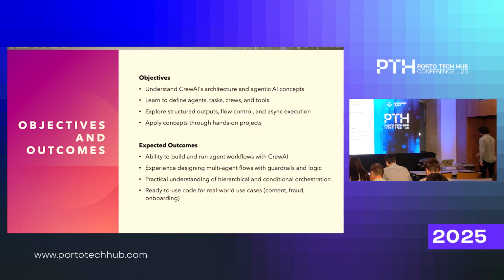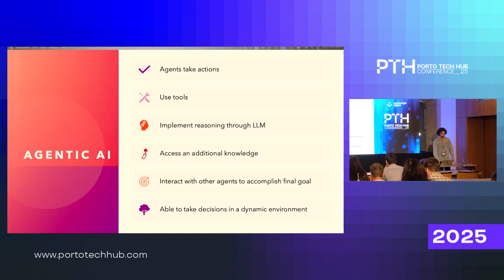You will see that all the concepts that have been implemented in CrewAI are really close, really high level. And by the end of the workshop, hopefully you know how to design an agentic AI application, no matter which framework you're using, maybe with CrewAI, but also LangGraph could be a good candidate.